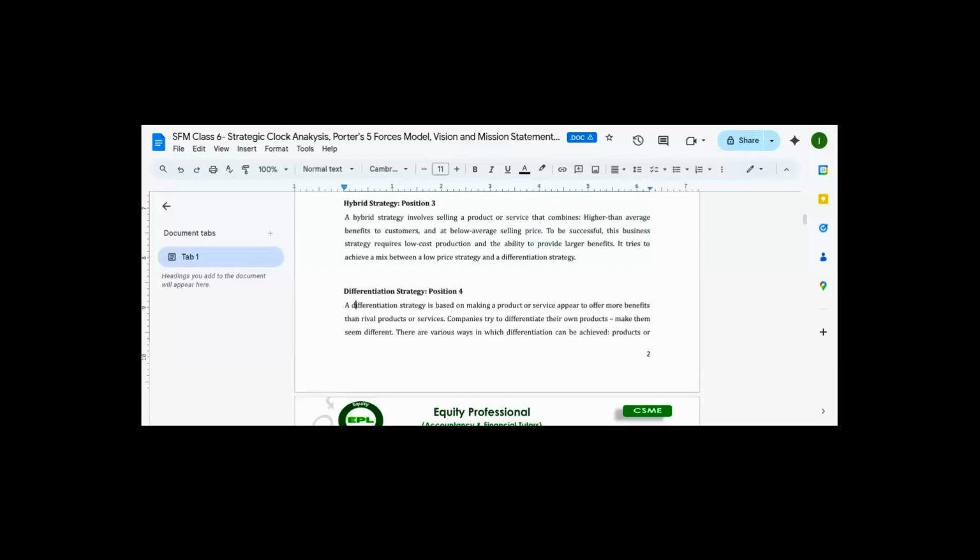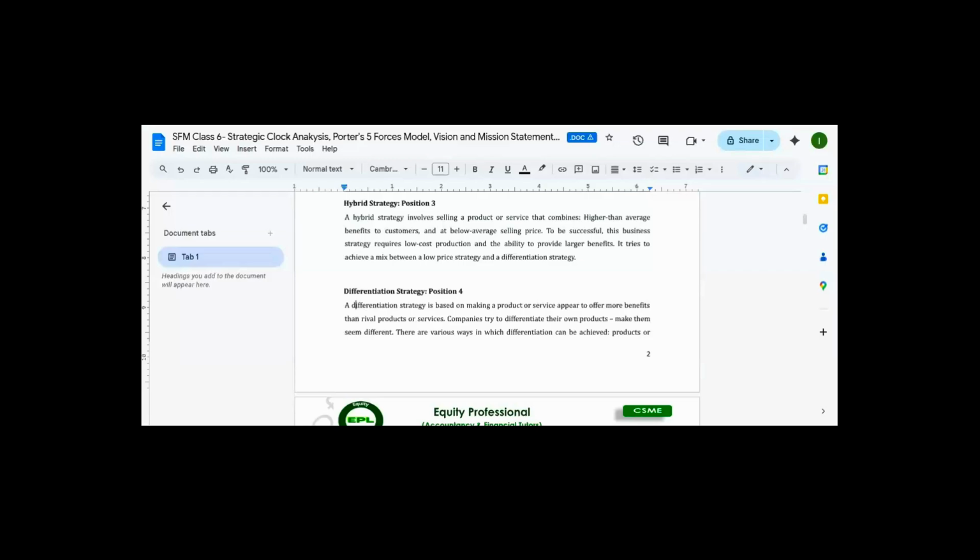So anytime the company invests in innovation, research and development, and they embark on new product development, and they are successful in producing a product that has a unique benefit, a product that is different from all other competitors' products in the market, then we say that company embarks on differentiation strategy.